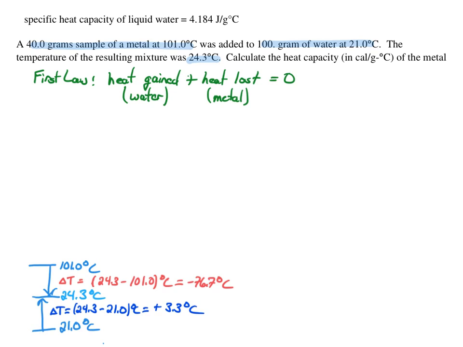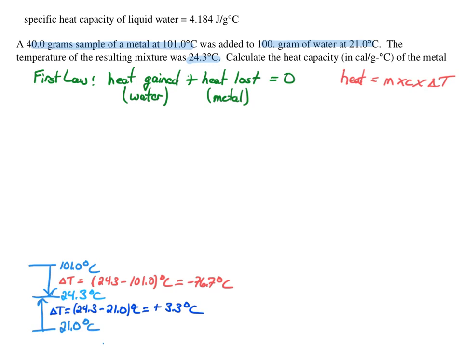So each of these are changing temperature. So we apply an equation that the heat is going to be equal to the mass times the specific heat capacity of that item times the delta T of that item.